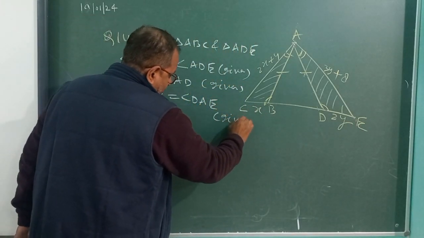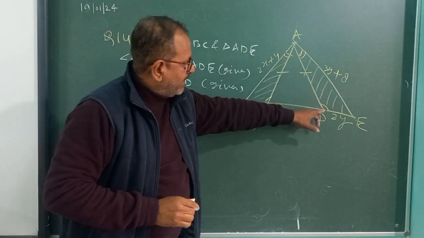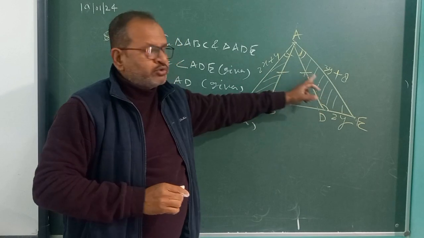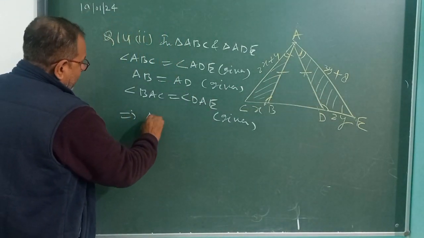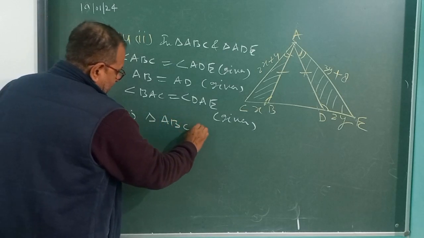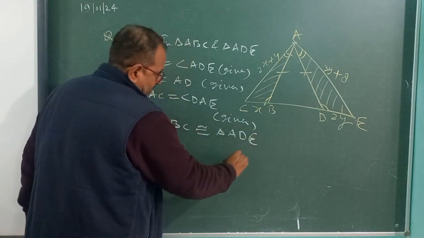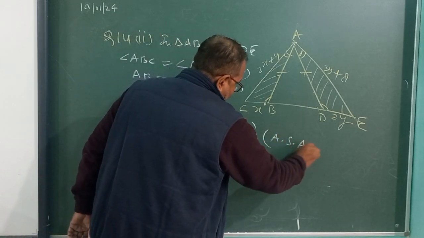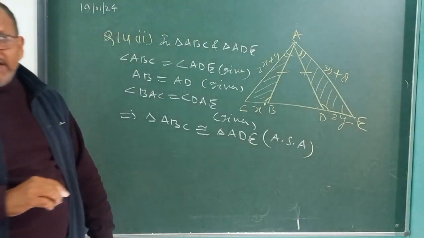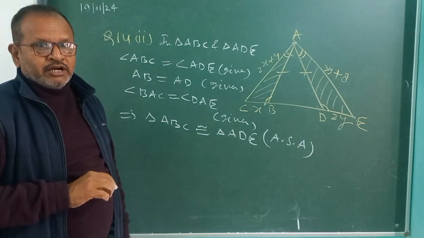It is also given. So angle, side, angle, these two triangles are congruent. We can write triangle ABC congruent to triangle ADE by the angle, side, angle rule of congruency.